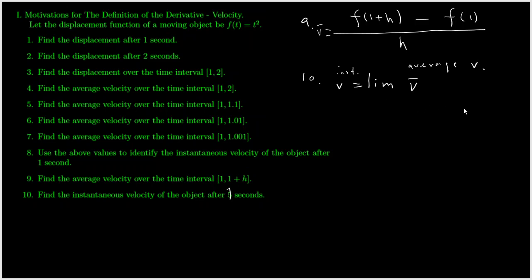The limit is taken with respect to h going to what? So please, as h goes to what? What do we mean by the time interval getting shorter and shorter? Please. As h approaches... how do you describe the time interval getting shorter?